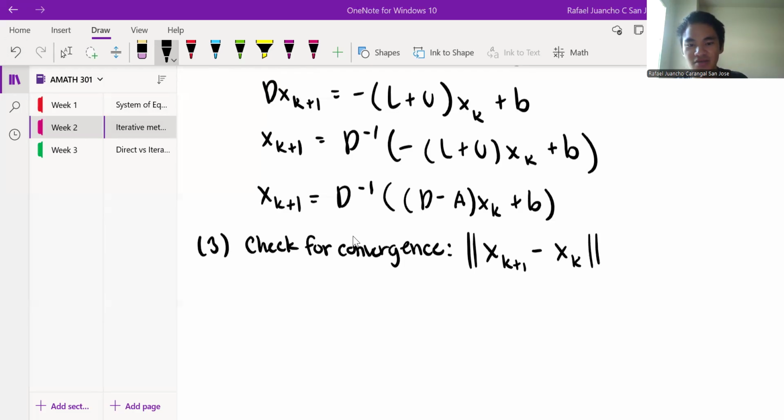We're checking if the norm of my following solution from my initial guess is less than what's being tolerated. So it's less than the error that we're looking for.